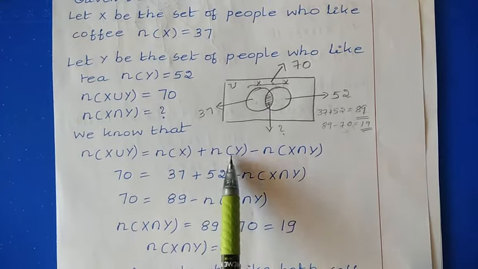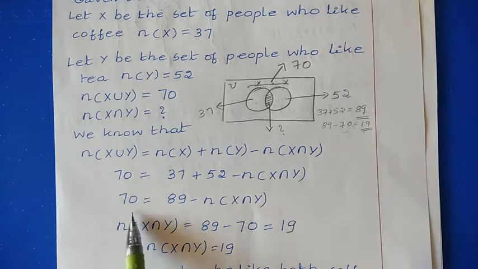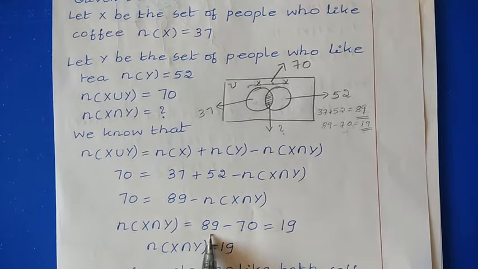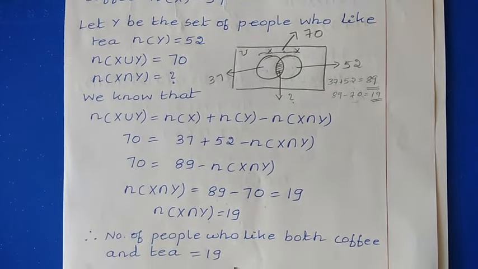This is 37 and this one is 52, minus N of X intersection Y. So 70 is equal to 37 plus 52, which is 89, minus N of X intersection Y. We will bring this value to this side and this value to this side, so the 70 becomes minus. So 89 minus 70 is equal to 19. So N of X intersection Y is equal to 19. So the number of people who like both coffee and tea is equal to 19.